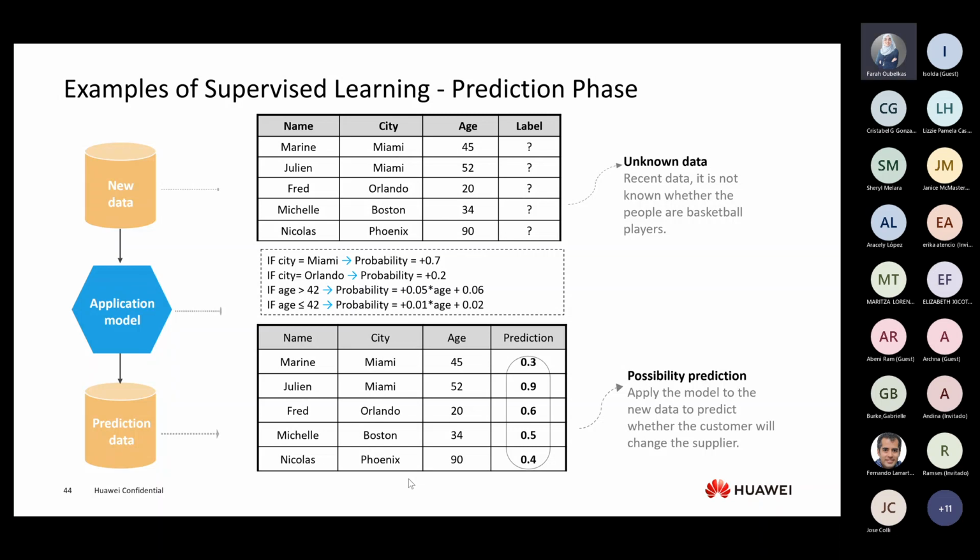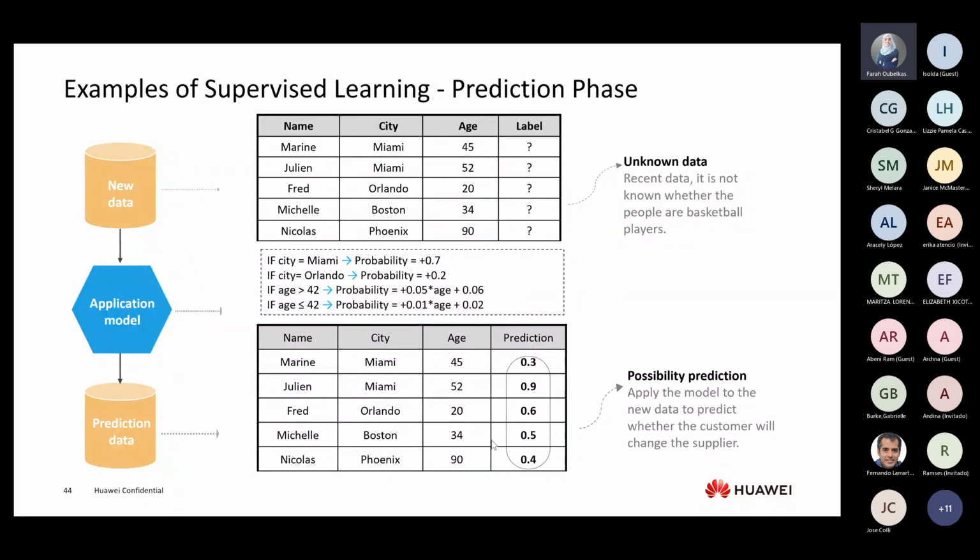Okay, now the prediction phase. The prediction phase is when we test the model. So we give it our new data, for example, Marine, Miami, 45, and we're trying to predict the unknown data. So we are trying to predict if she is a basketball player or not.